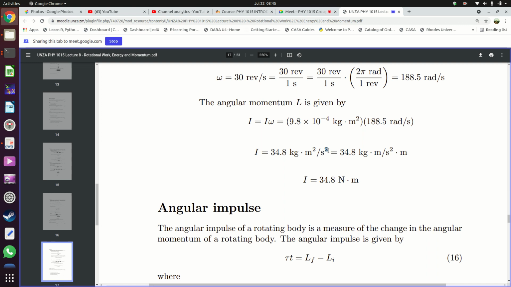If I create a Newton, I need to introduce another second at the bottom and on top. So there's supposed to be Newton meter.